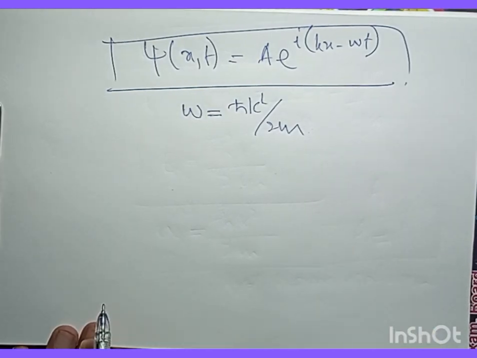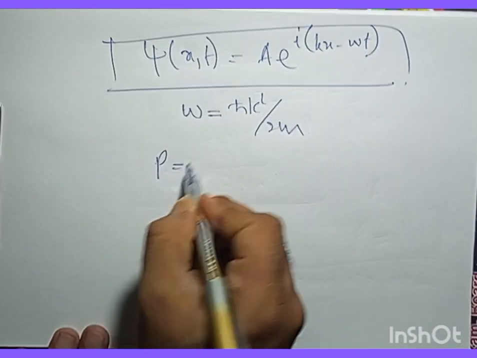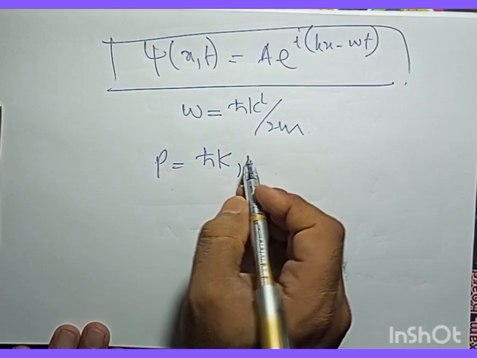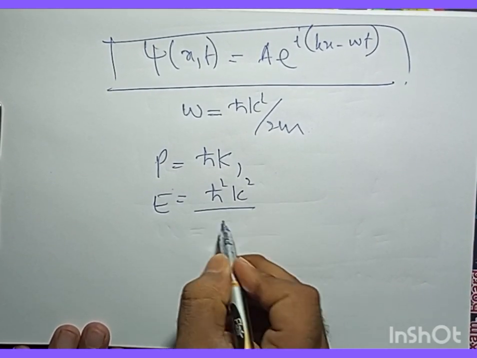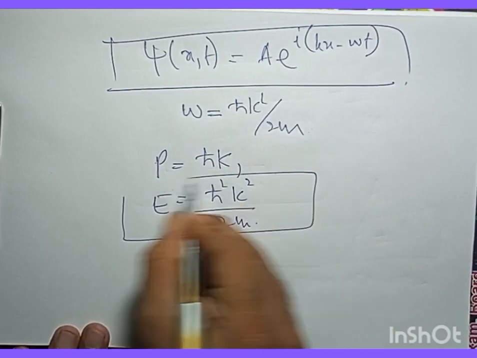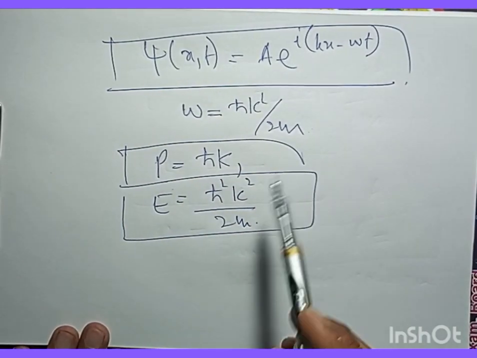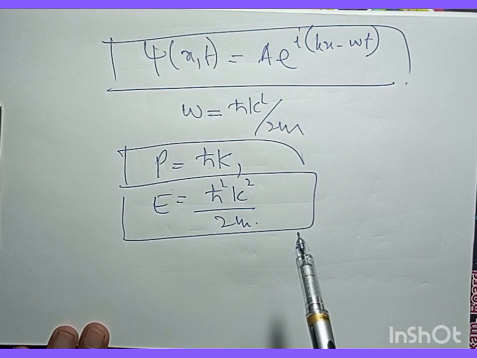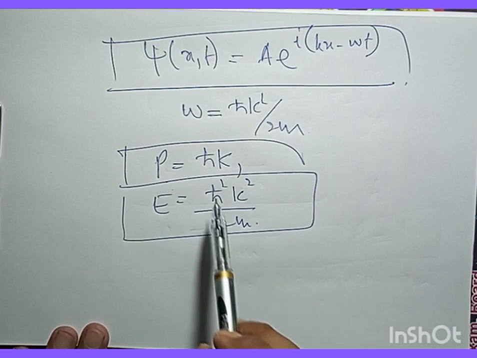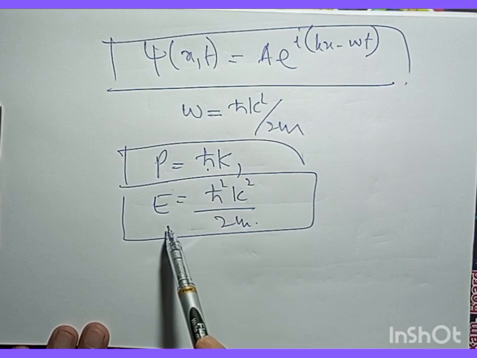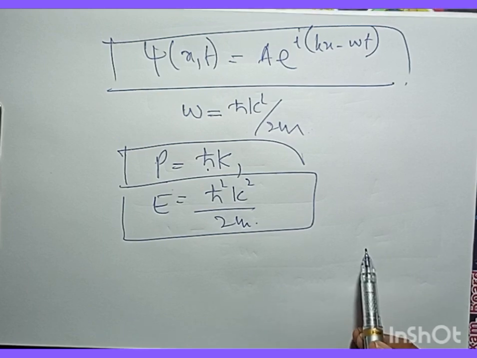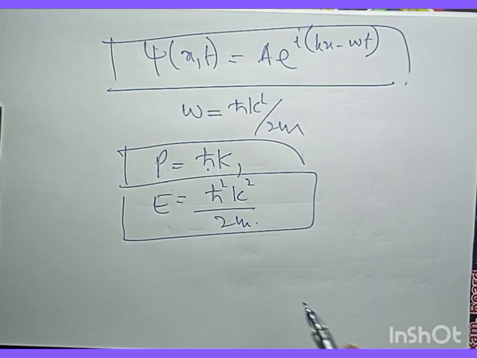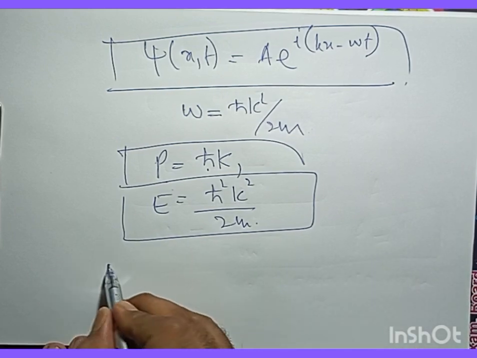And to find its momentum, momentum is h cross k, and energy is h cross squared k squared by 2m. So we have a plane wave solution of the Schrodinger time-dependent equation for a free particle, which has a momentum equal to h cross k and energy equal to h cross squared k squared by 2m. Now we can take another example, say, a Gaussian wave packet.